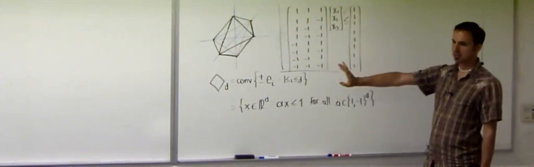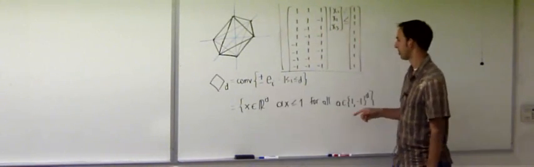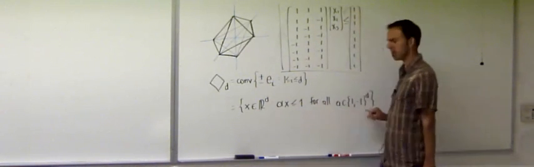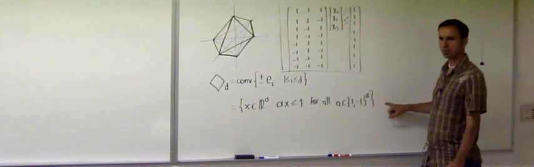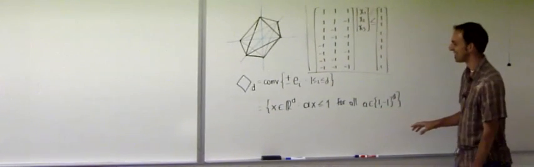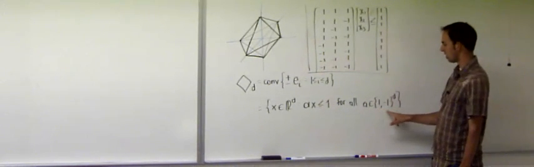I was talking about the d-dimensional cross polytope, and I said that we could describe it either as the convex hull of plus and minus the unit vectors, but we could also describe it as the points in R^d such that a·x is less than or equal to 1 for all a in {1, -1}^d.